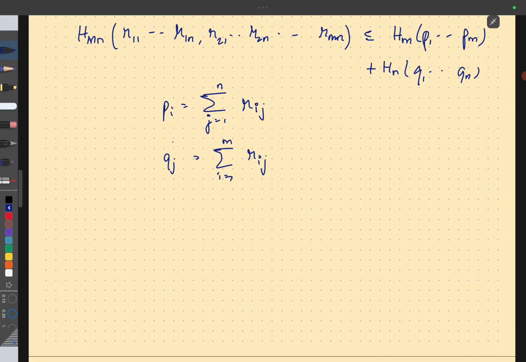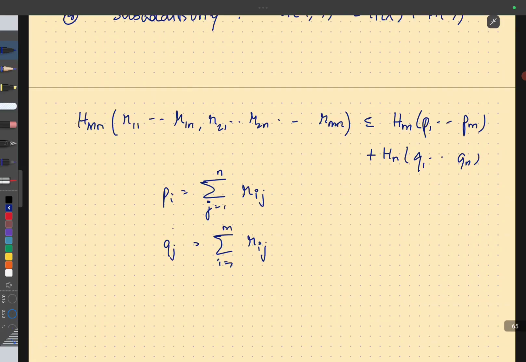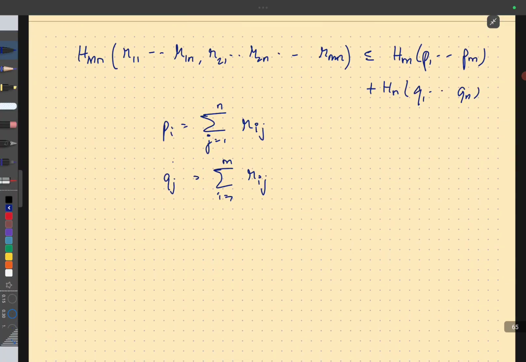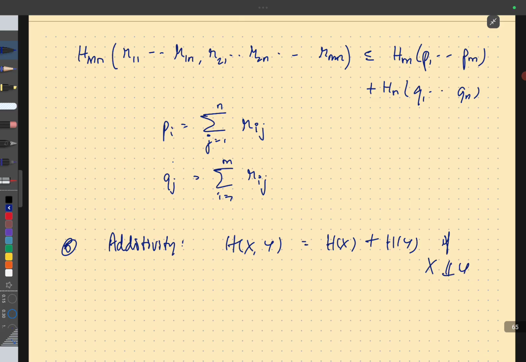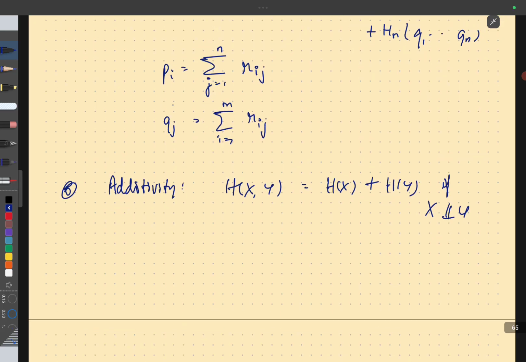And in particular, we want equality to hold if and only if the two are independent of each other. So H of X comma Y should be equal to H of X plus H of Y if X is independent of Y. Right?